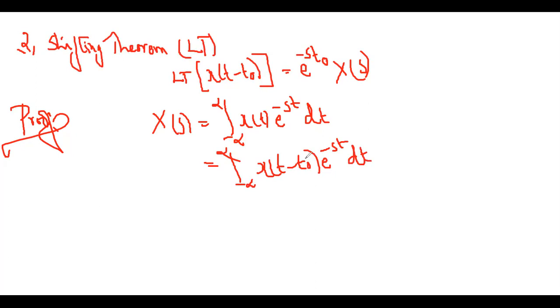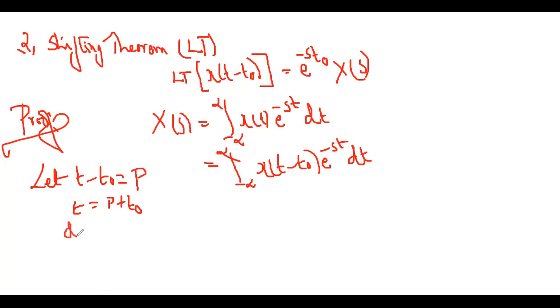The input is shifted by t naught samples. Let t minus t naught equal p, and t equal p plus t naught. Here t is a variable and p is also a variable. T naught is a constant because it is a shifted sample only.